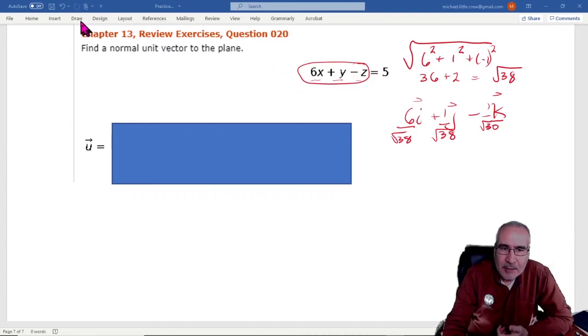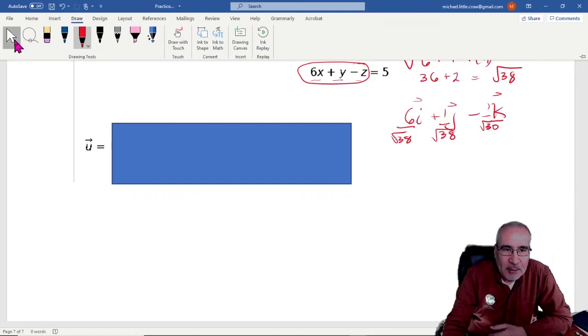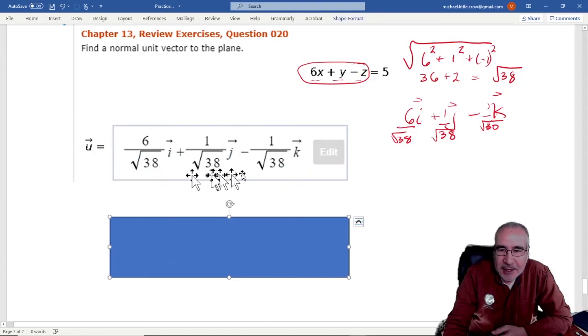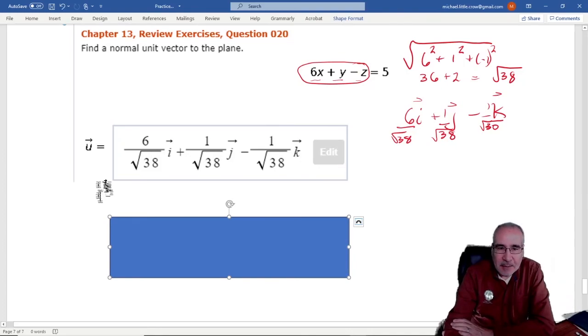Sometimes I'm sorry, I've got 2 screens going, and sometimes when I point, I'm actually pointing to my recording software, which doesn't show up on the recording. So we see it looks a little nicer here, but it's divided by the magnitude.